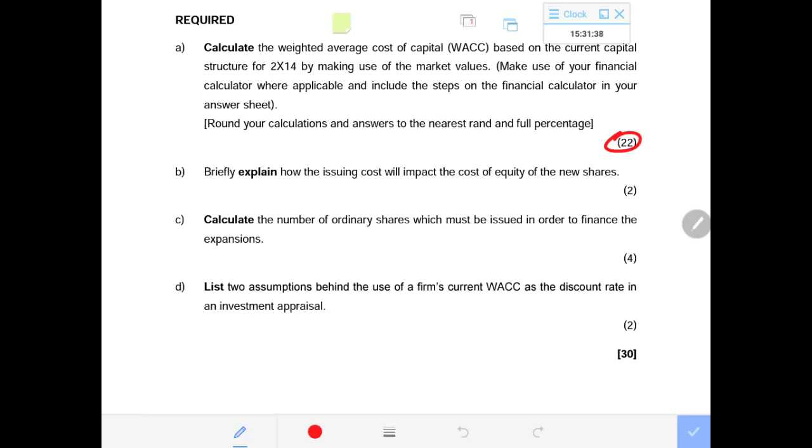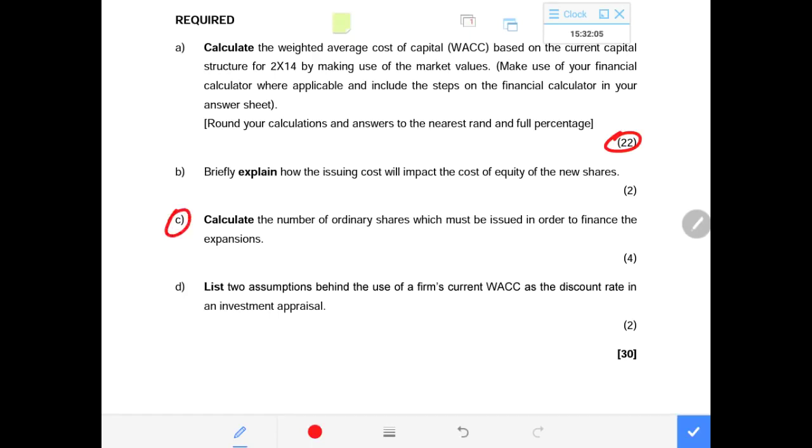So now if the cost of equity is determined by dividing the dividends by the number of shares, it means the issuing cost will decrease the value of the same share, and therefore it will increase the cost of equity. That's exactly how it says in the theory, but I will not be writing that one down. Please go through the solution and just try to capture that.